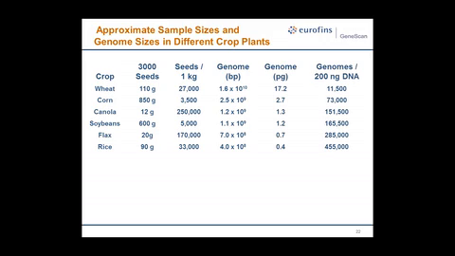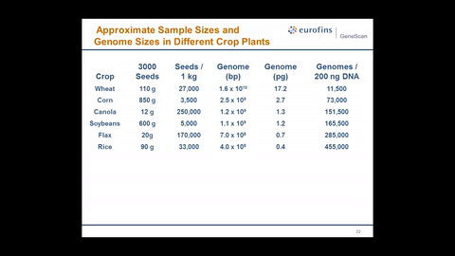So what you end up with in a tube, if you imagine rice is a BB and wheat is a basketball, if you have a mixed sample based on just the raw weight of DNA you're putting into your reaction, you don't get an even representation of what that product might be.